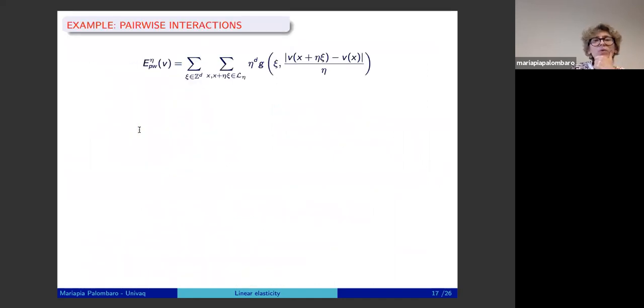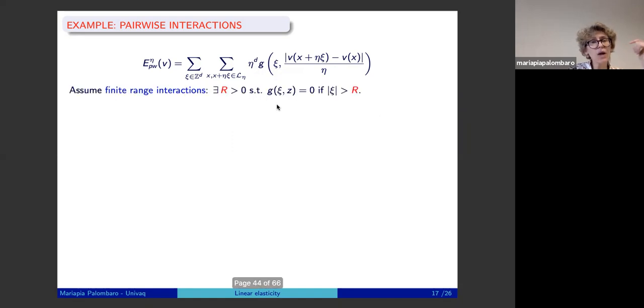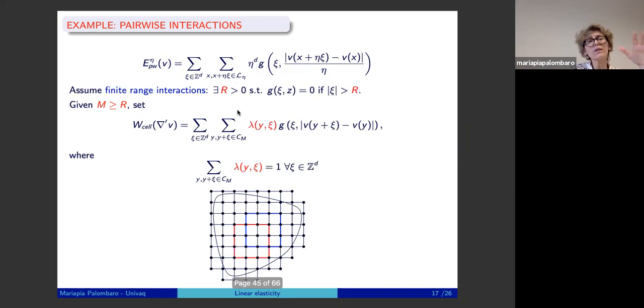An example of energies covered by our analysis are the pairwise energies, so energies that depend on the distance between pairs of atoms. This class of energies falls into this framework. Every pairwise energy with finite range interaction, so G here is compactly supported, is zero outside the ball, can be rewritten as a cell energy. This is possible by suitably introducing weights in front of the energy of each single interaction.